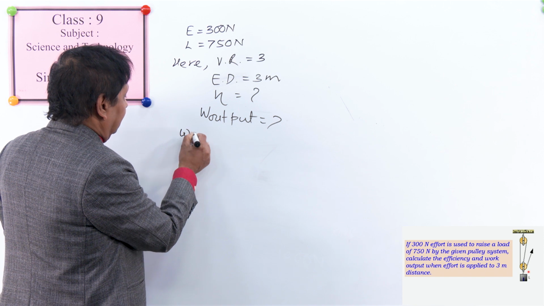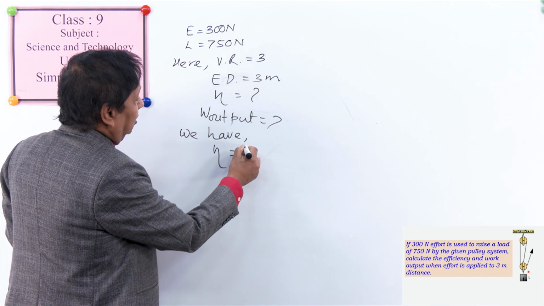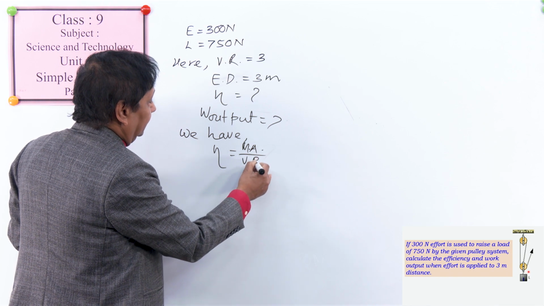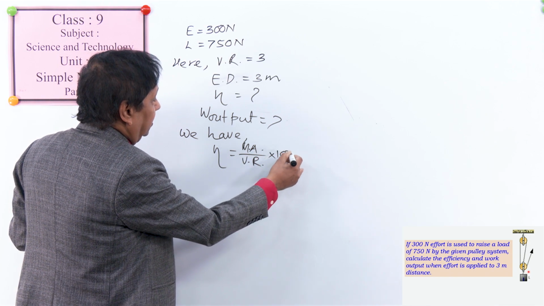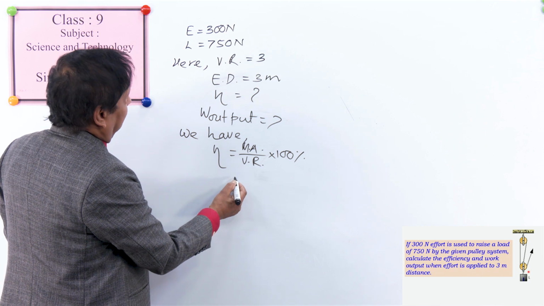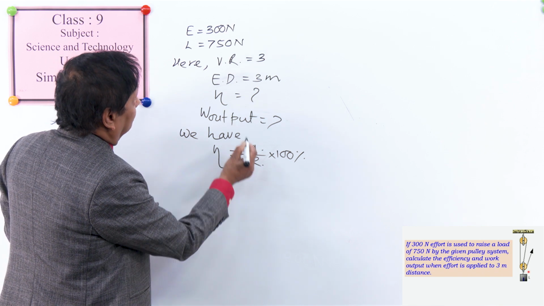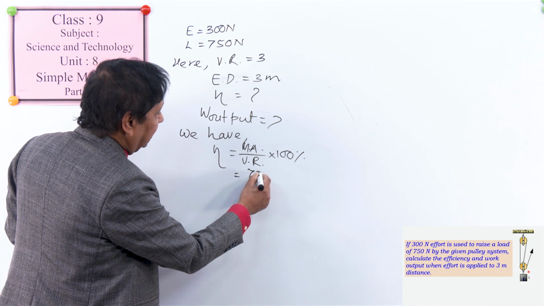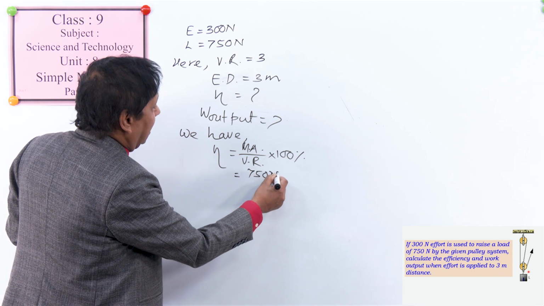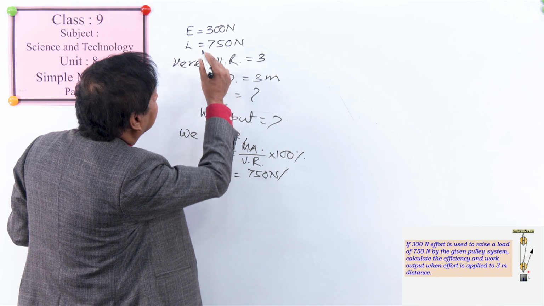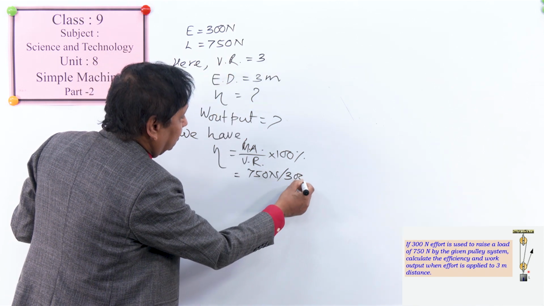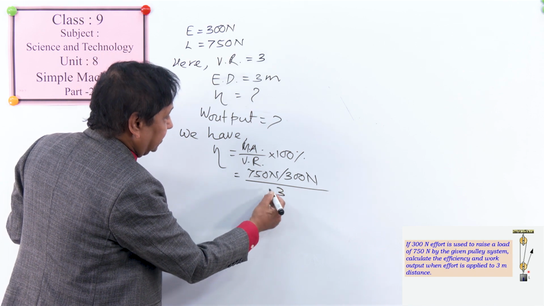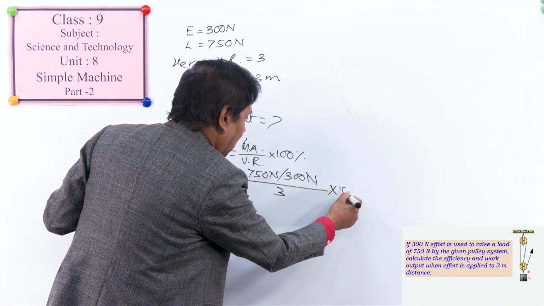We have eta is equal to MA upon VR into 100%, and this is equal to MA is load by effort. Load is 750 Newton and effort is how much? Effort is 300 Newton, and divided by velocity ratio is 3 into 100%.